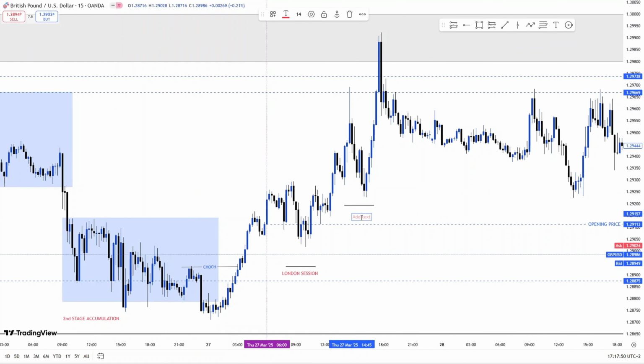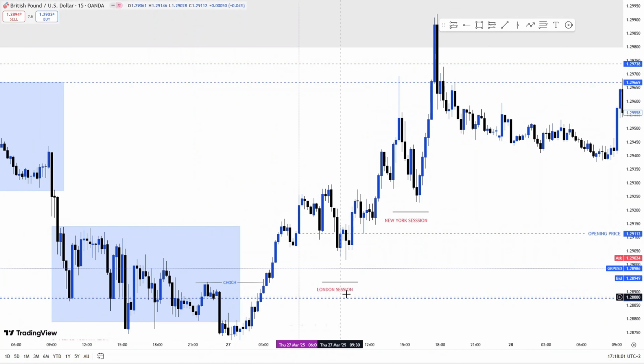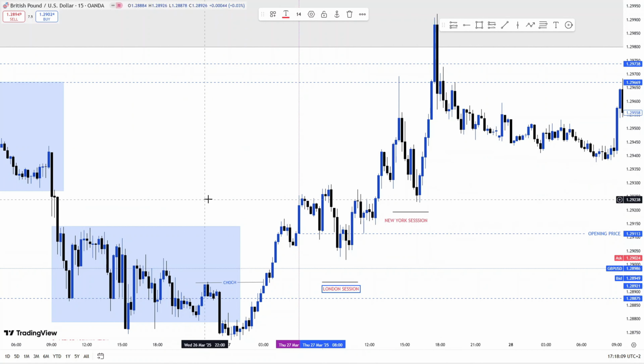So this is the New York, guys. Exactly within these time windows, guys, this is where we'll be entering our trades using this market maker model. So what are we gonna look for?